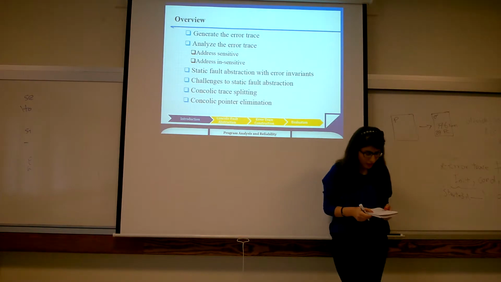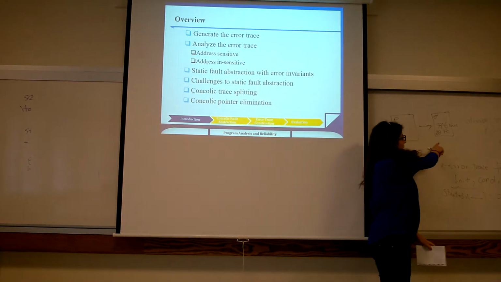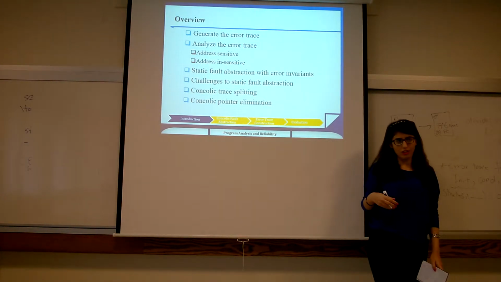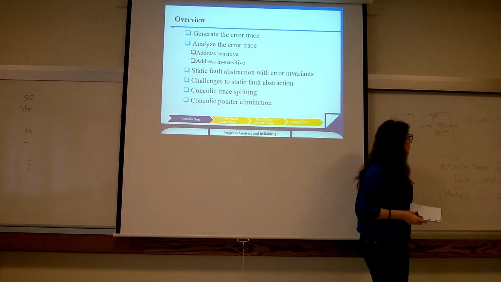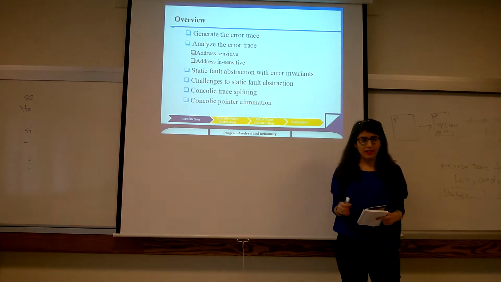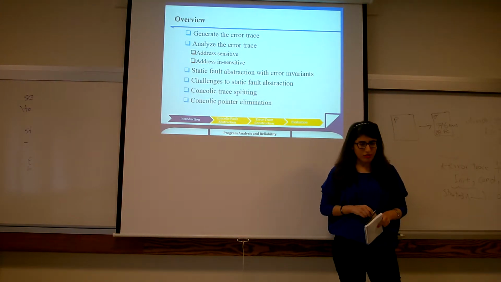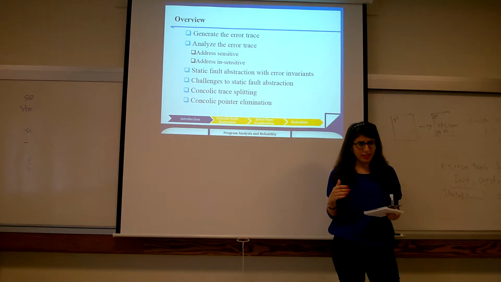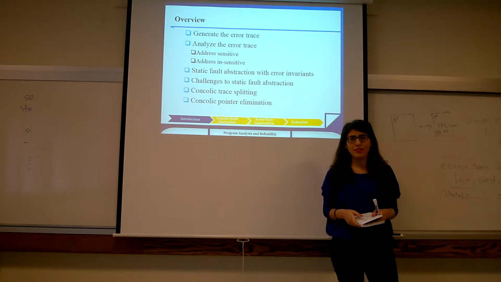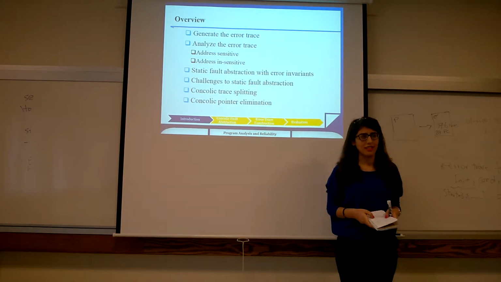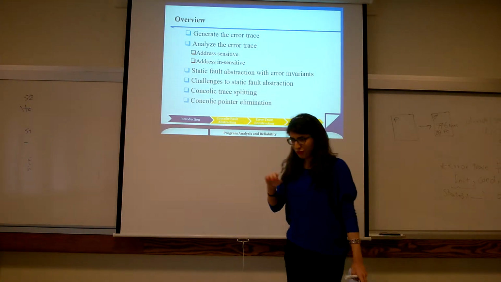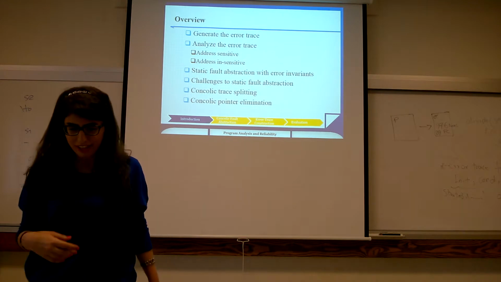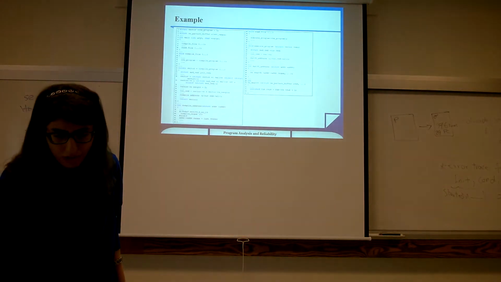They will try to analyze this error trace to make it smaller, and that's one of the algorithms they use in their approach. They use two types of techniques. One of them is address sensitive. The other one is address insensitive.